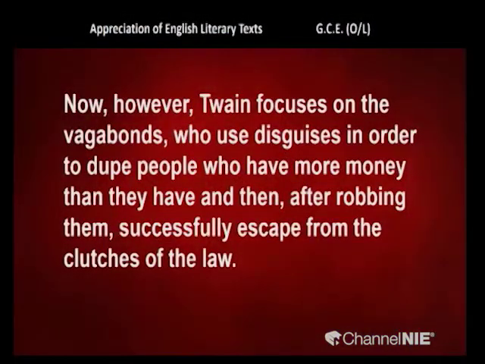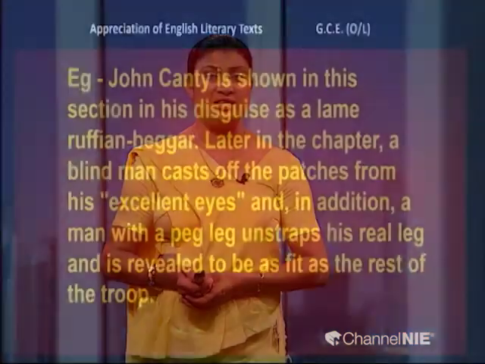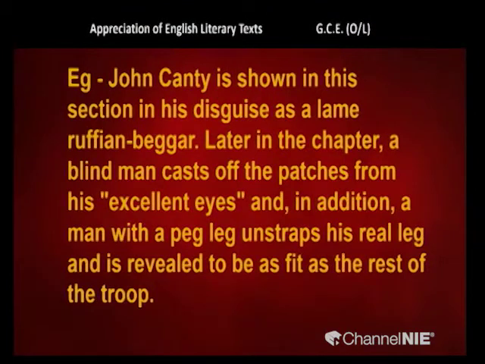Now, however, Twain focuses on the vagabonds who use disguises in order to dupe people who have more money than they have, and then, after robbing them, successfully escape from the clutches of the law. For example, John Canty is shown in this section in his disguise as a lame ruffian, a beggar.